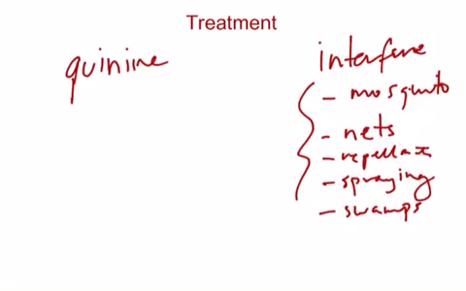So all of these are ways of managing the vector aspect of the life cycle. If you can break the vector aspect, then Plasmodium transmission between hosts is reduced. So these are some of the ways that are being tackled at the moment. I think it's the Bill and Melinda Gates Foundation in America that is spending billions of dollars at the moment trying to seek a cure for malaria, since it affects so many millions of people around the world every year.